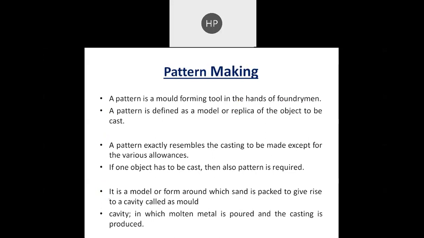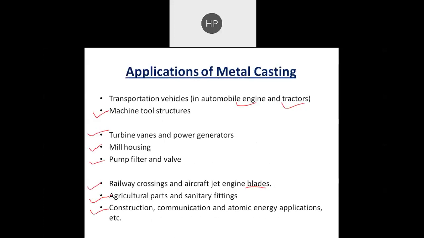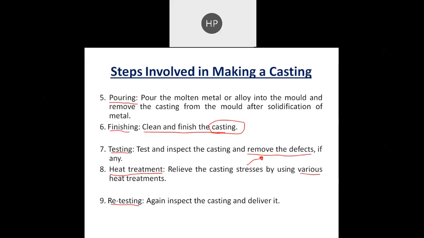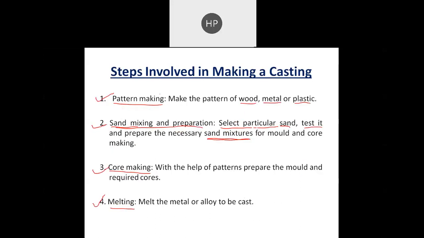So as I told earlier, the steps we have discussed over here are pattern making, sand mixing and sand preparation, mold making, melting, pouring, finishing, and testing. All those steps we are going to discuss in detail one by one.